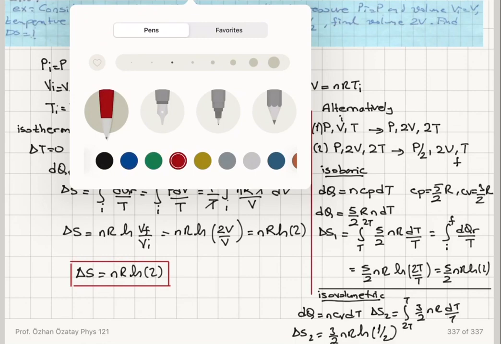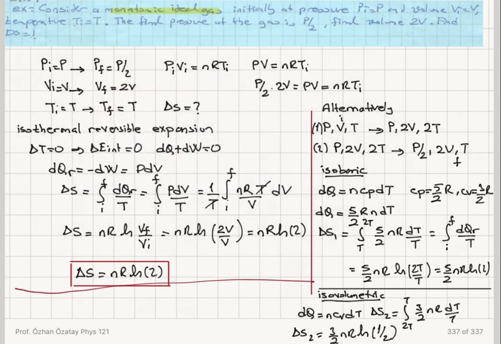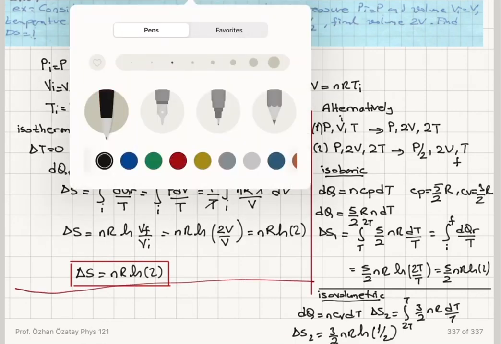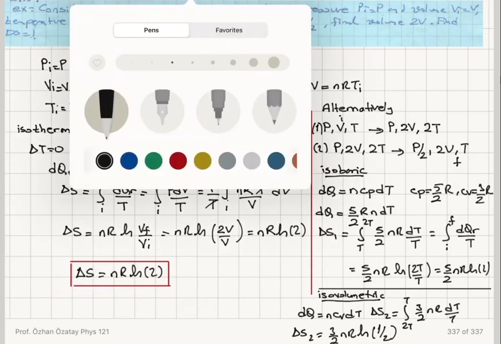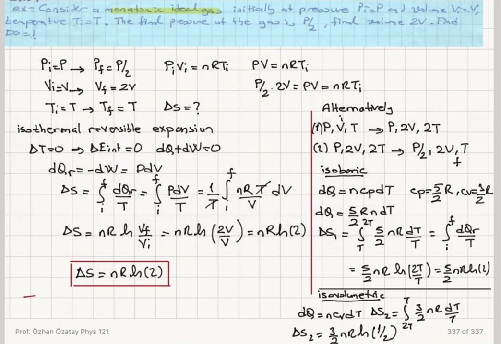All right, so let me open up some space here to conclude my discussion. So the total entropy change in the alternative method is delta S1 plus delta S2.